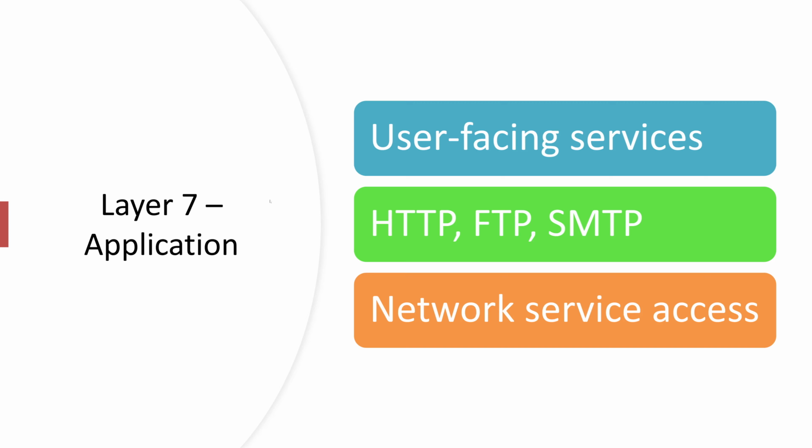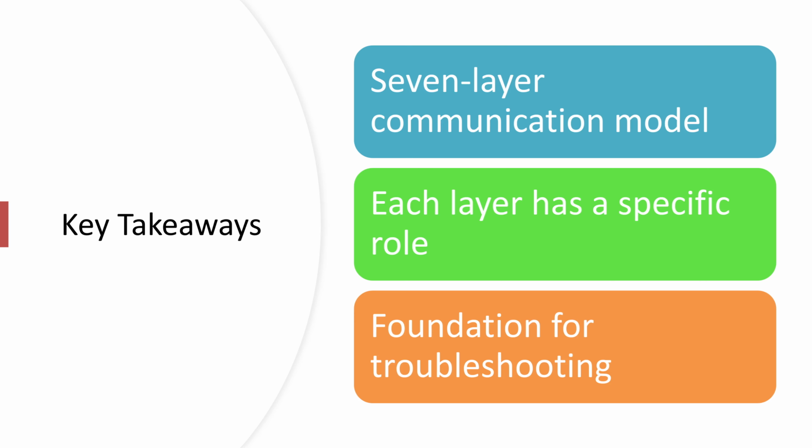Now, the OSI model is most powerful when troubleshooting. Instead of panicking, you just ask structured questions. Is there a signal? That's layer 1. Normally at the back of a computer there is a signal light, normally green or flickering orange. So you check, is there a signal? That is the physical layer.